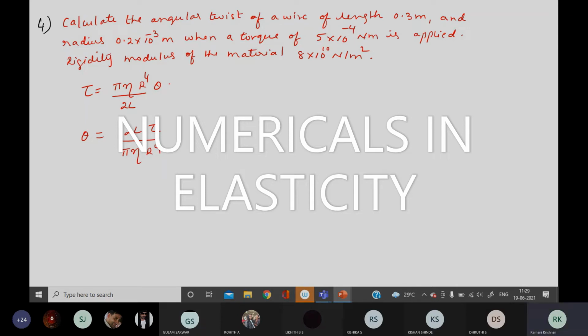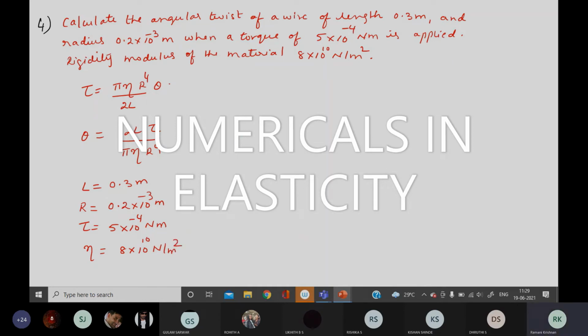Okay, so let us write the things. Length of the wire is 0.3 meters. Radius of the wire is 0.2 into 10 power minus 3 meters. Torque is 5 into 10 power minus 4 Newton meter. Eta is 8 into 10 power 10 Newton per meter square.